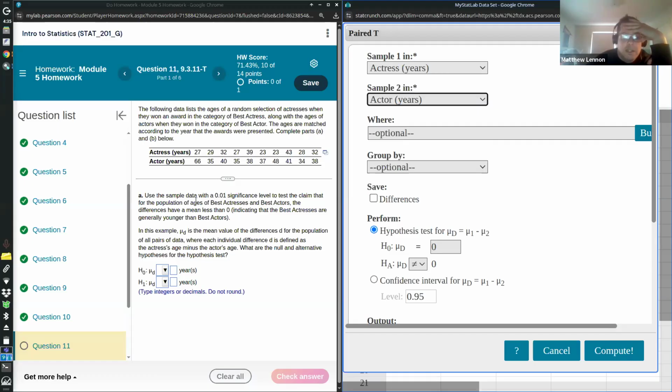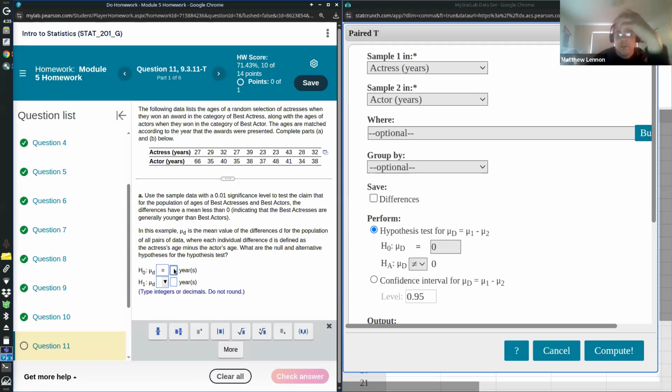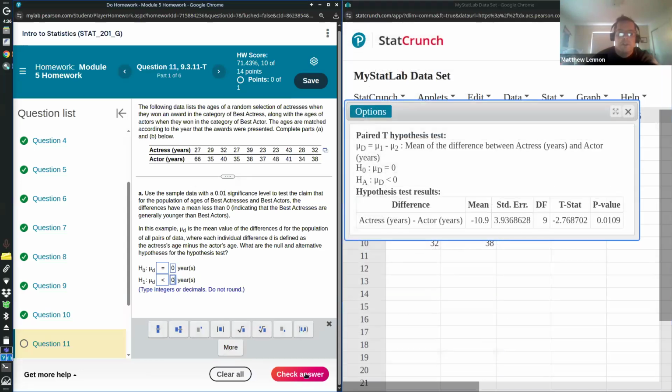What is the claim? Test the claim that they have a mean less than 0. So we want to do equal to 0. It's always equal on top. And then we want to do less than 0 on bottom. Then we want to do the same thing over here, equal to 0 and less than 0. Then check answer.